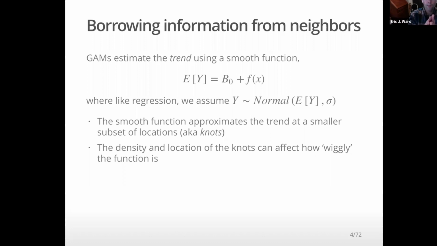Instead of modeling the relationship between time and our response as a linear function, we let it be some nonlinear function, which is useful if we're interested in estimating thresholds or change points in data, for example. The smooth function can take on a wide range of flexibility that we call wiggliness, and the shape of it is going to be very flexible.